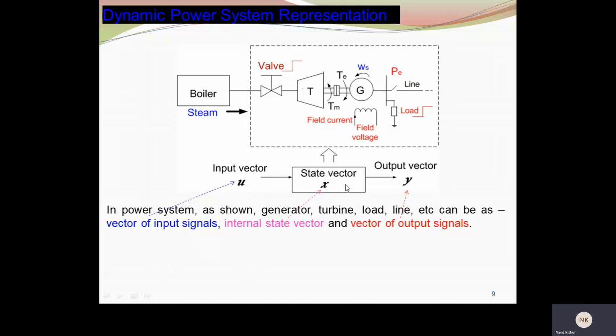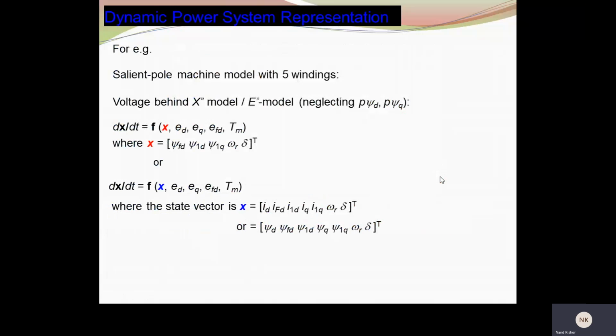You may have some state variables which define the dynamic behavior of the system, as an internal state vector. And then you may have a vector of output variables. With this example, we move to the next slide.